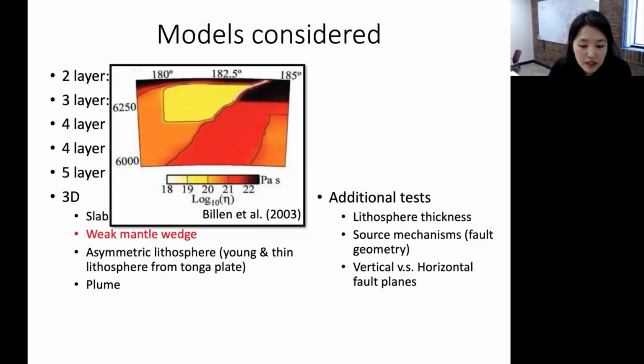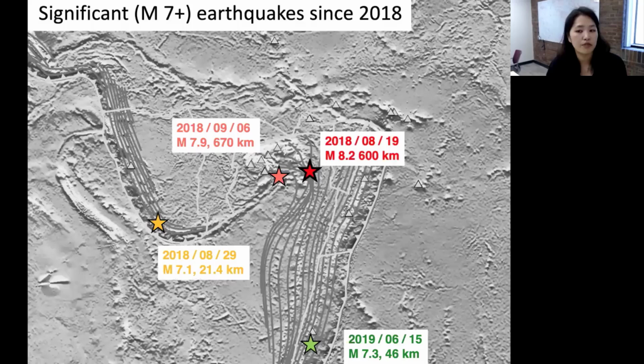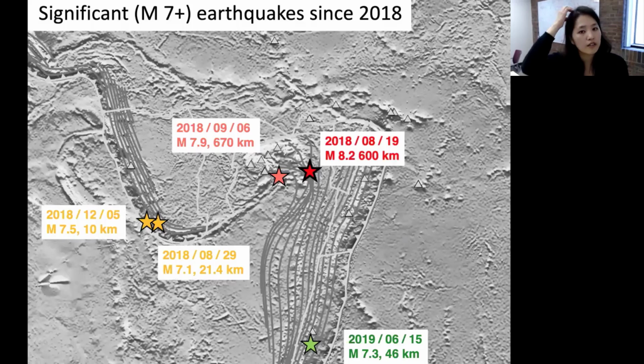Yes, it's really important to think about not only the aftershock, but also other earthquakes that might be happening around this area. I skipped over this, but the data processing part is actually quite important. Just to answer the question directly, there was a pretty big aftershock, a magnitude 7.9 deep earthquake, that happened about a month later.